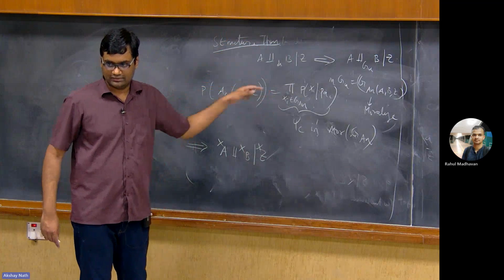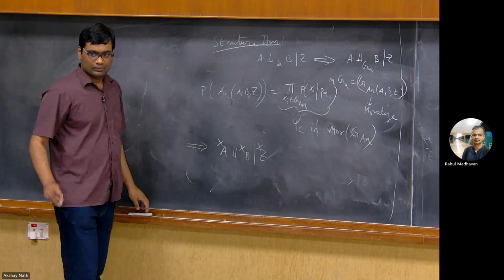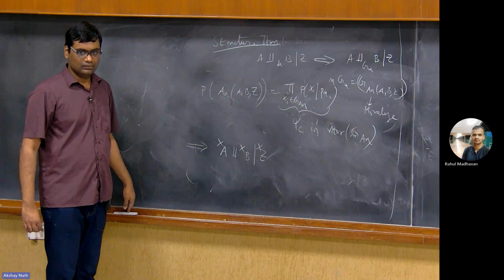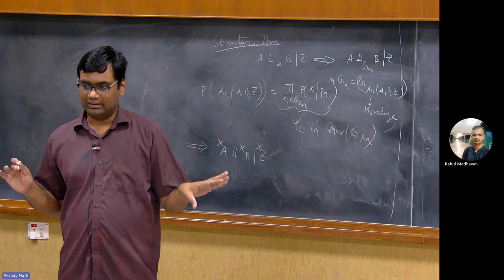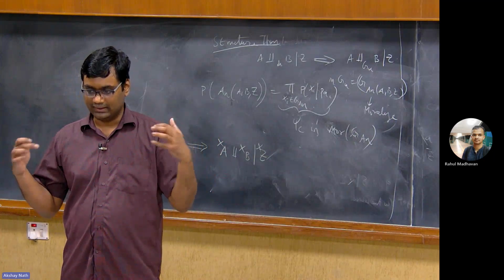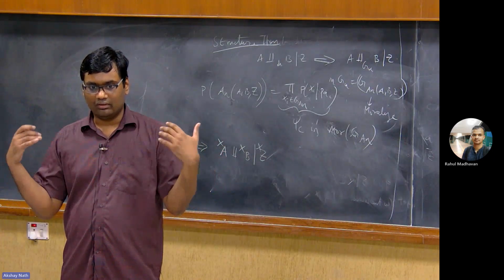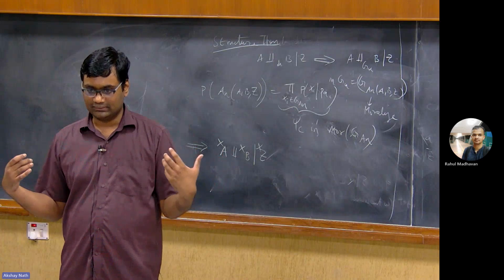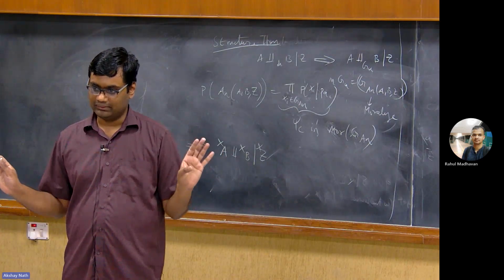Just want to remind you that this is one more step which was there in the theorem. Is it clear? So we have a clique factorization. Any marginal version is also a clique factorization. Then what you say is separation means that the cliques will be partitioned. You cannot share all the variables that you're looking for in all the cliques. That's the main thing that you're saying. And once you have that, you have conditional independence.